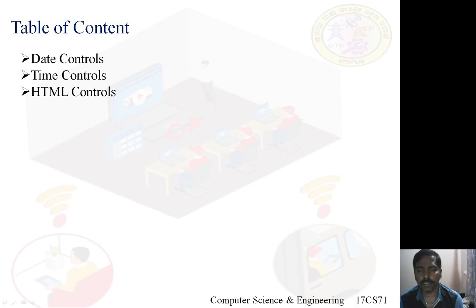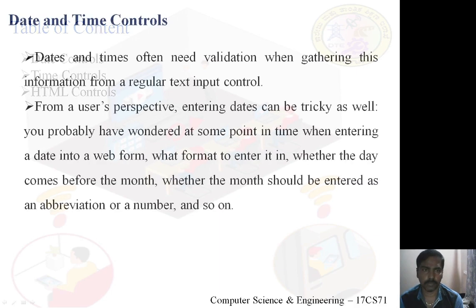Now coming to date controls. Have a look at the slide. Dates and times often need validation when gathering this information from a regular text input control. What does validation actually mean?